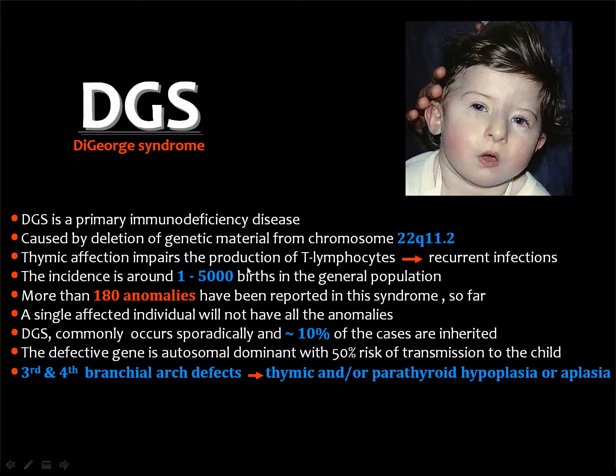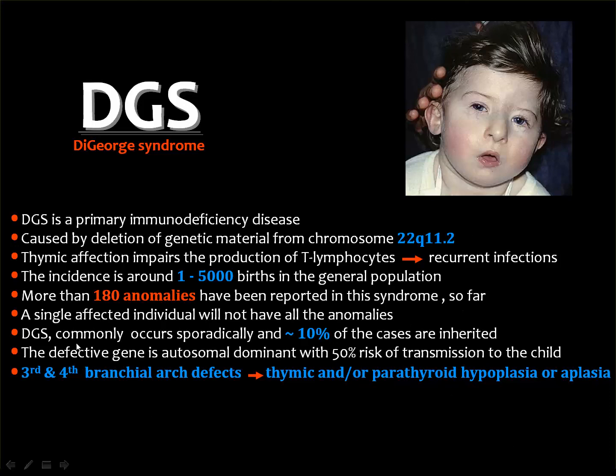The incidence is about 1 per 5,000 births, and there are about 180 anomalies included under this syndrome, but of course not all the anomalies are present in the same patient.